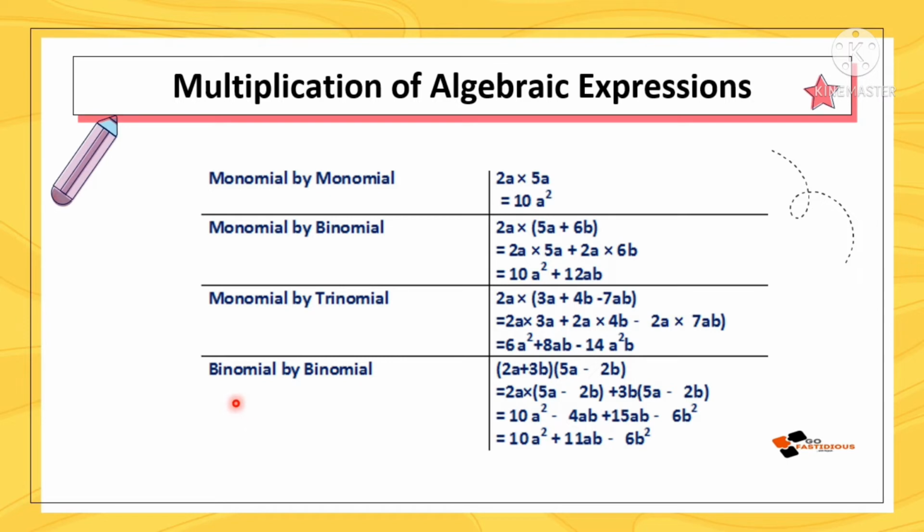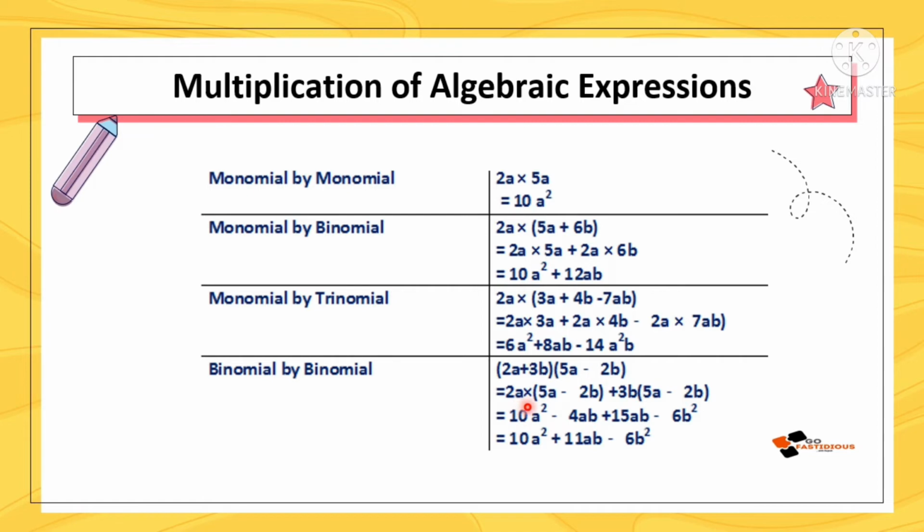Now if we multiply binomial by binomial, suppose we need to multiply 2a plus 3b with 5a minus 2b. First 2a will multiply by the whole expression 5a minus 2b. Then this plus 3b will multiply by the whole expression 5a minus 2b.